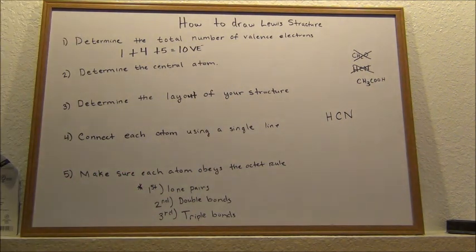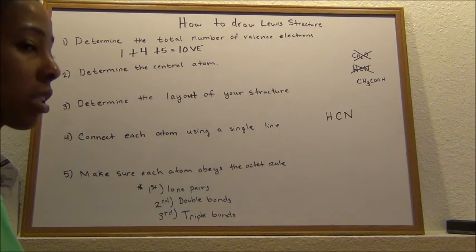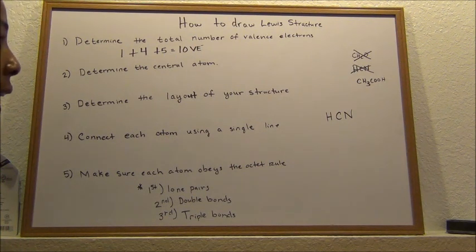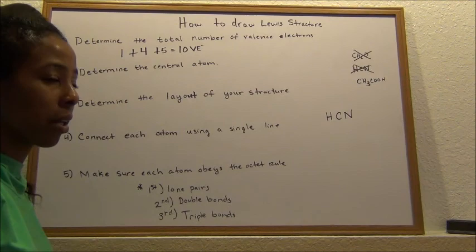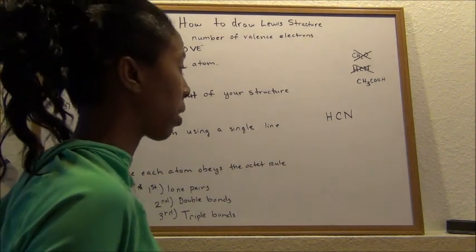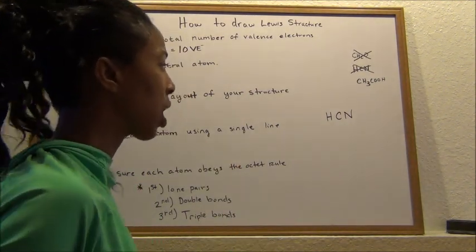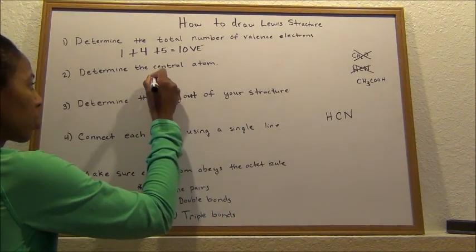So the next thing we're going to do is determine the central atom. And the central atom is usually the least electronegative atom except hydrogen. So therefore carbon will be our central atom.